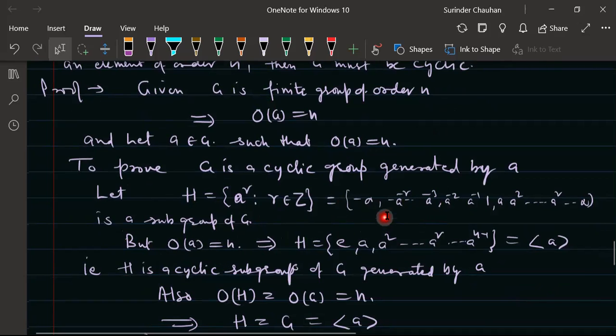H is a subgroup of a finite group G, so H must have finitely many elements.